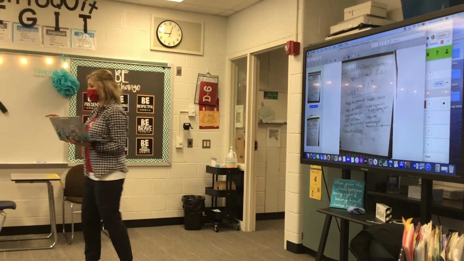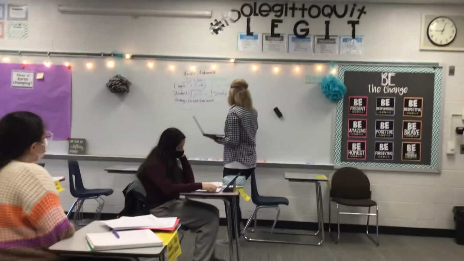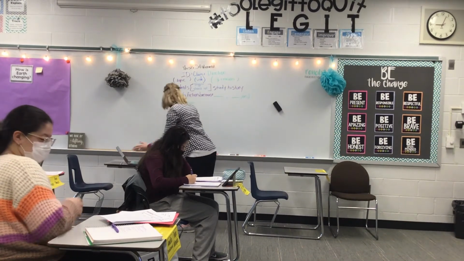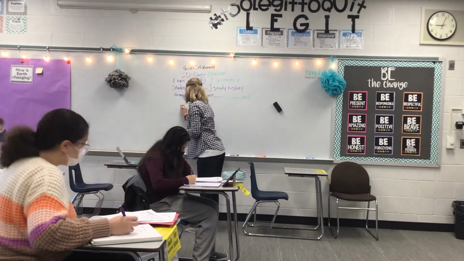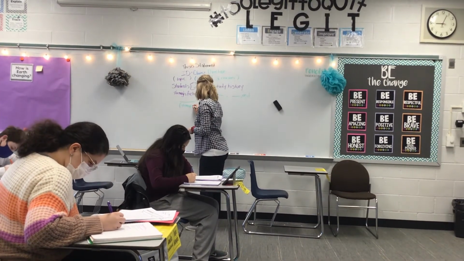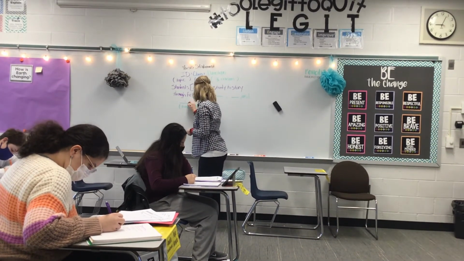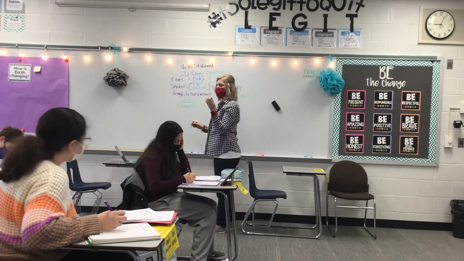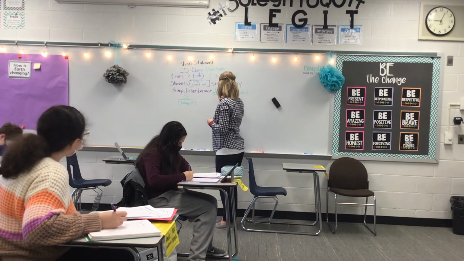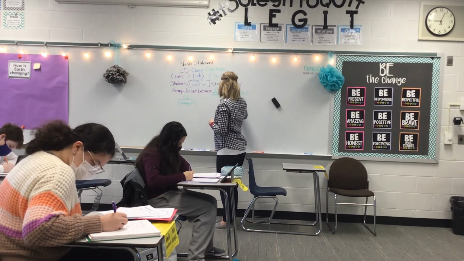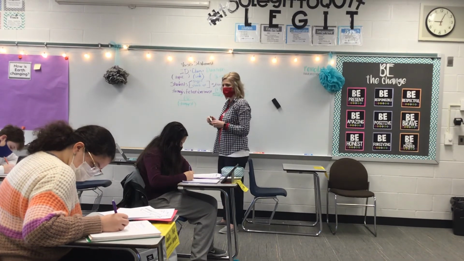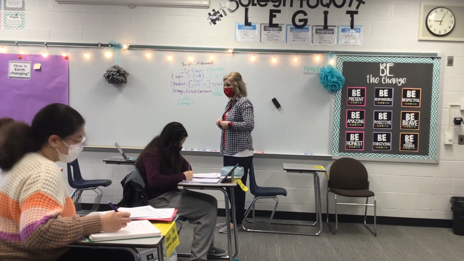So on your notes, I want you to write under direction, the strongest goes last. So here, this is going to be your strongest. This is number 3. Your weakest would be number 1. And then obviously number 2 would be your middle. Does that make sense?